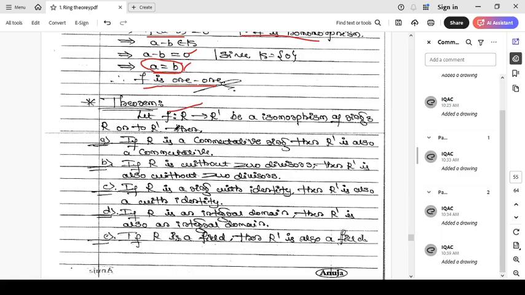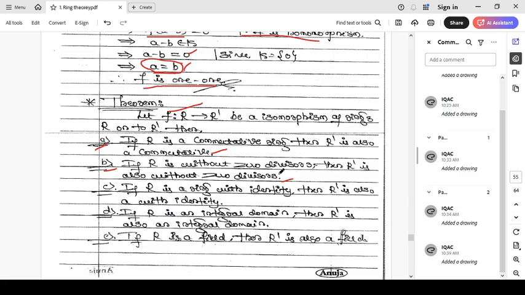Here they have given f is an isomorphism, and the first condition: if R is a commutative ring, then R' is also commutative. We need to show that. Next, if R is without zero divisors, then R' is also without zero divisors. Zero divisors we have already discussed in the class. R is having zero divisors when, for a, b belonging to R, a is non-zero and b is non-zero, their multiplication a into b is equal to 0.